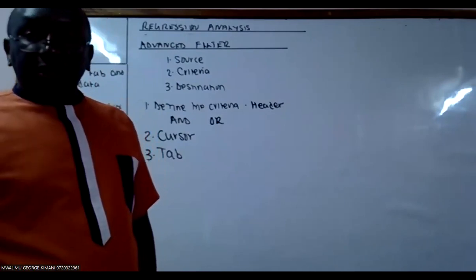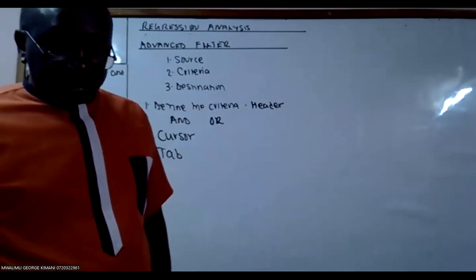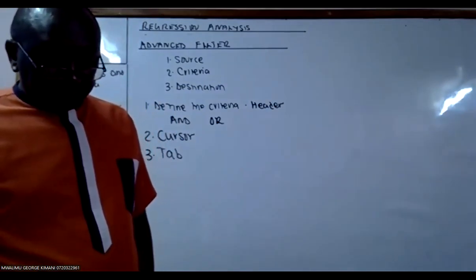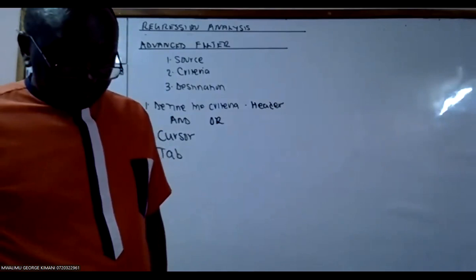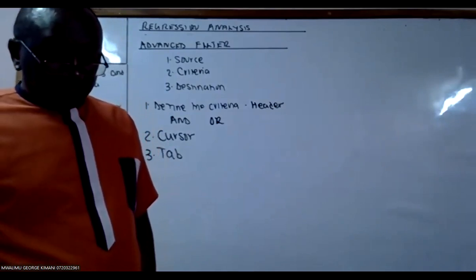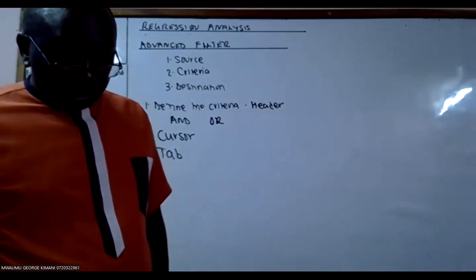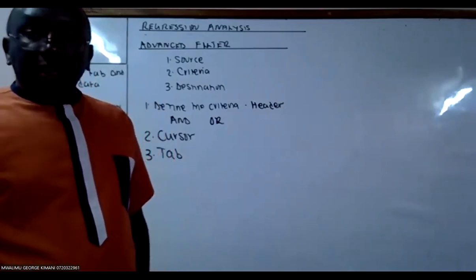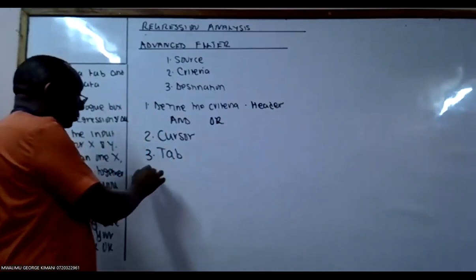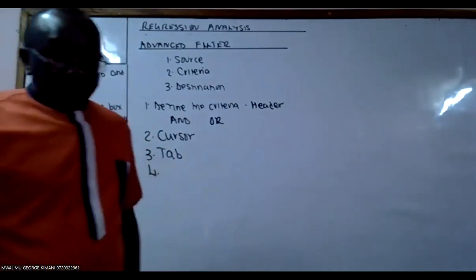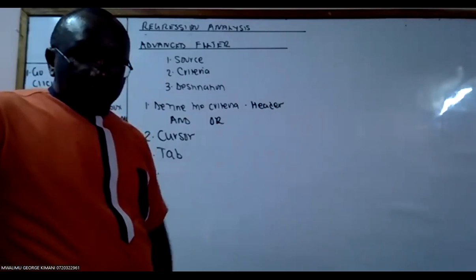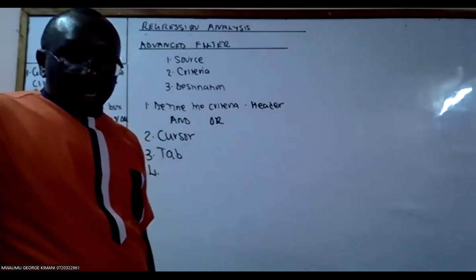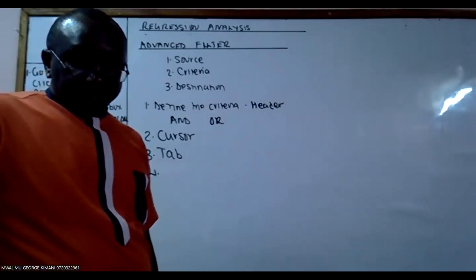Full stop. Still on the same point, you write that the source data is automatically selected. Number 4, select column heading for the criteria.